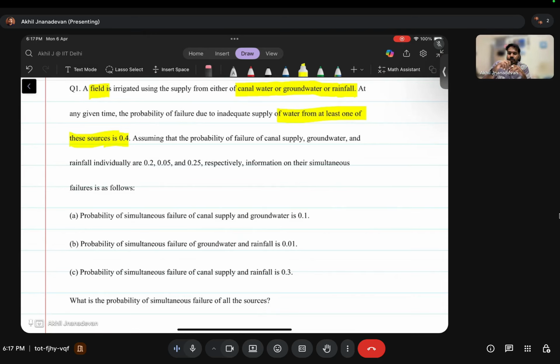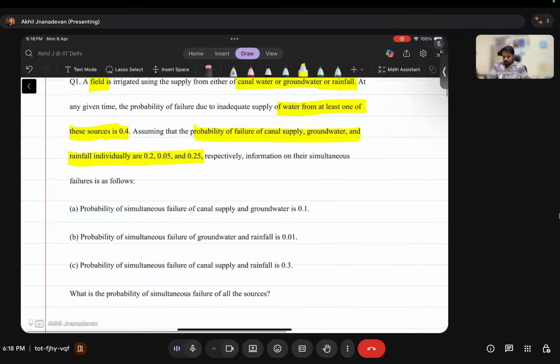Assuming the probabilities of failure of canal, groundwater, and rainfall individually are 0.2, 0.05, and 0.025 respectively. The information on the simultaneous failures is as follows.